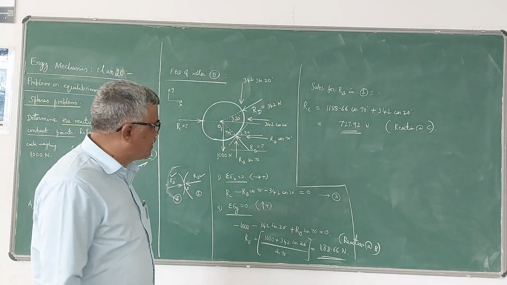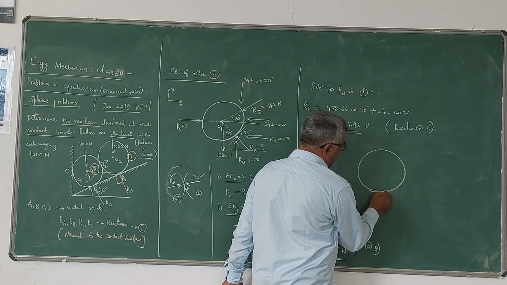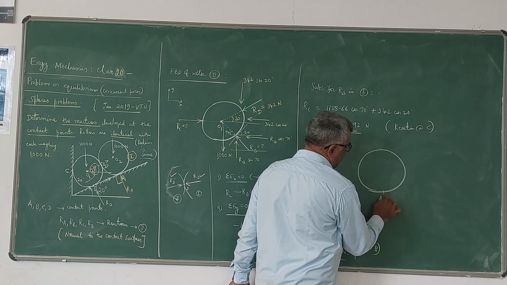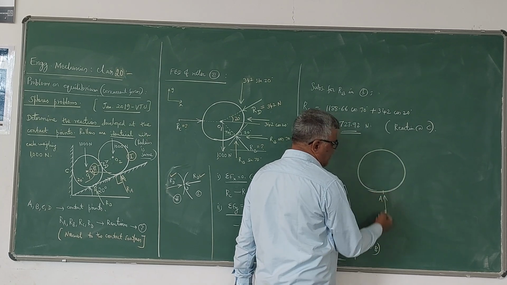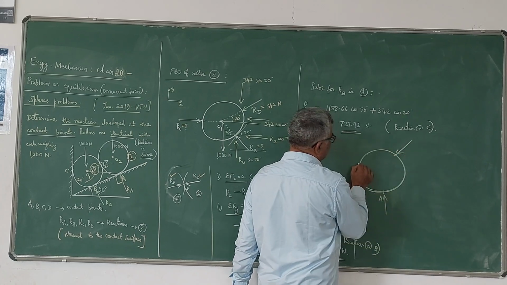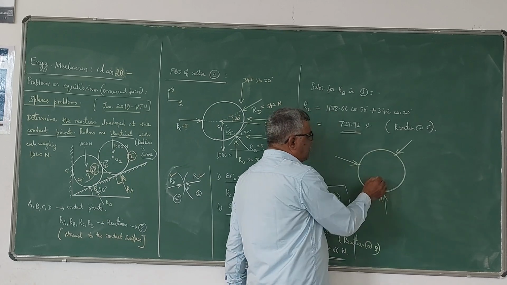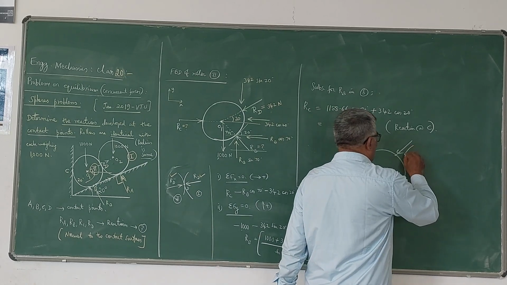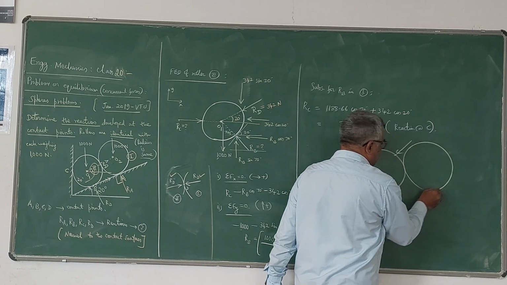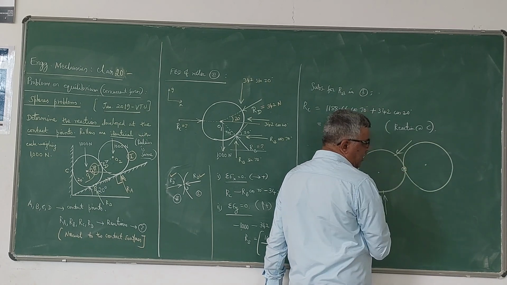Normally what we do is, whatever may be the object at the contact point, suppose if this is the contact point, we take the reaction like this towards the object. If this is the contact point, towards the object like this. And if another object is in contact with this object, then this is the common contact point for both.